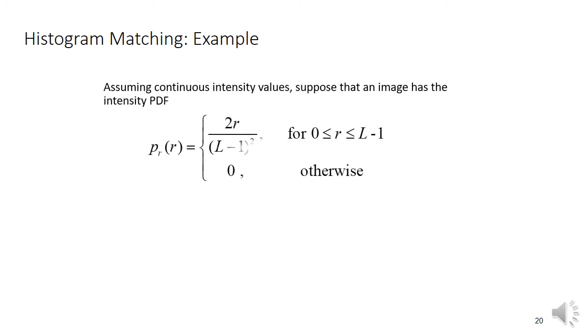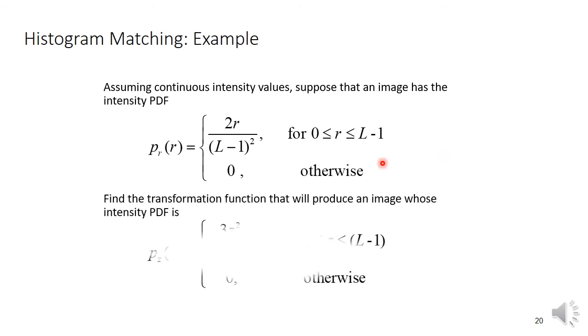For example, we assume that we have some continuous intensity values, and suppose that an image has intensity PDF p_r(r) equal to 2r over (L minus 1) whole square for all values of r between 0 and L minus 1, and p_r(r) is 0 for all other values.